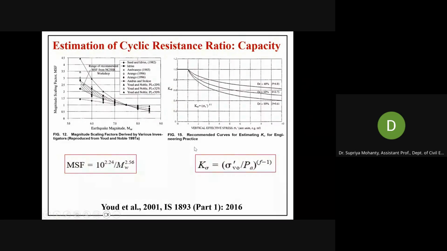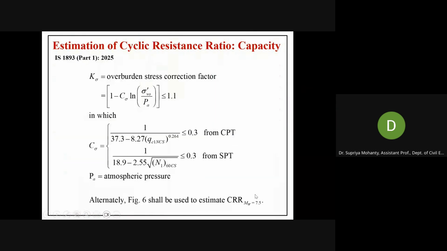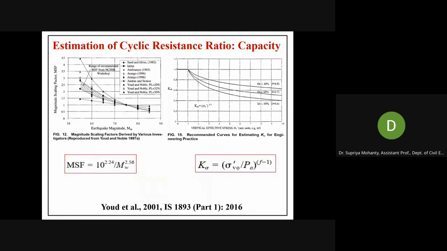However, in the previous version, IS 1893 Part 1, 2016, it was only a function of effective stress, and this factor F was related to the density of the soil. So for the loose case, it was 0.8, and for the dense case, it was 0.6. However, here at least we are considering the exact estimation of the tip resistance and SPT value at that particular depth.